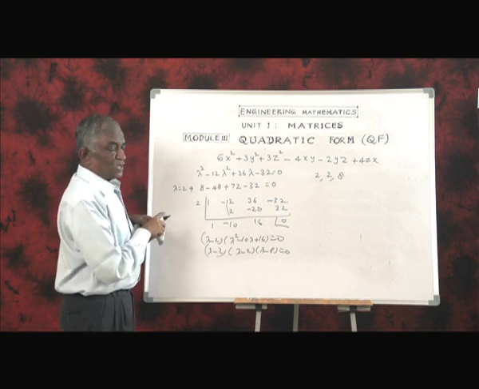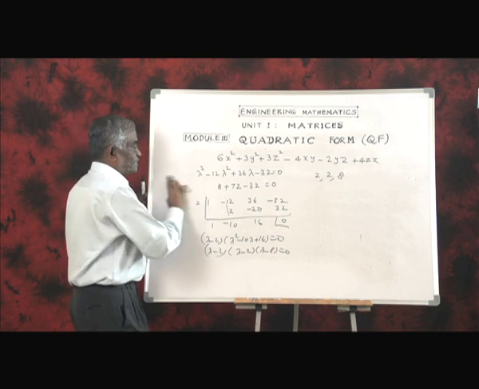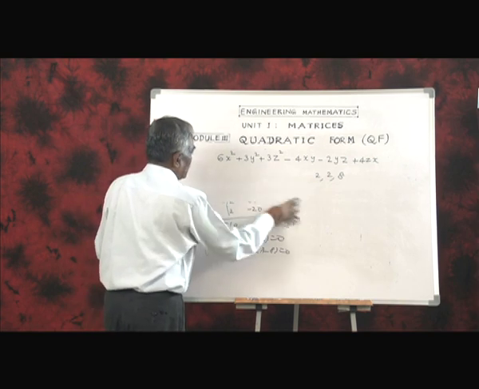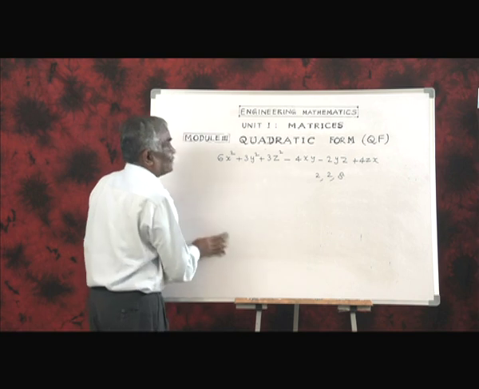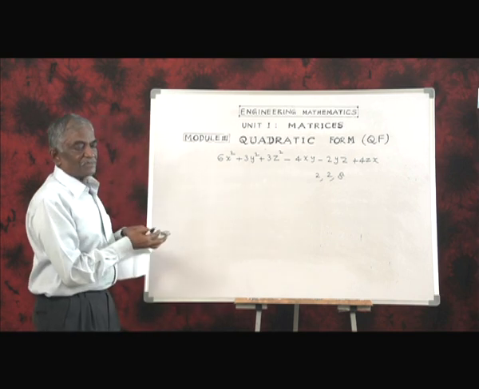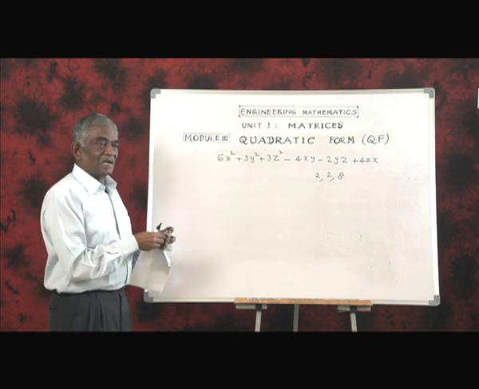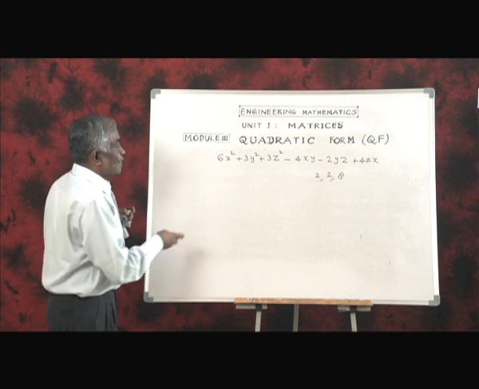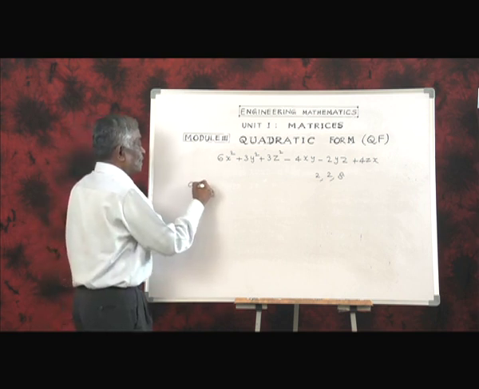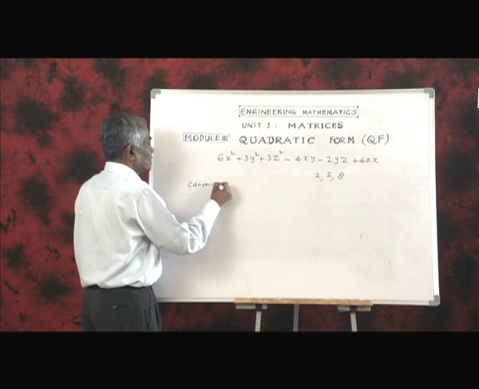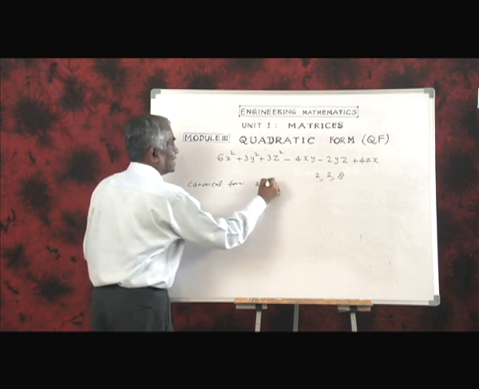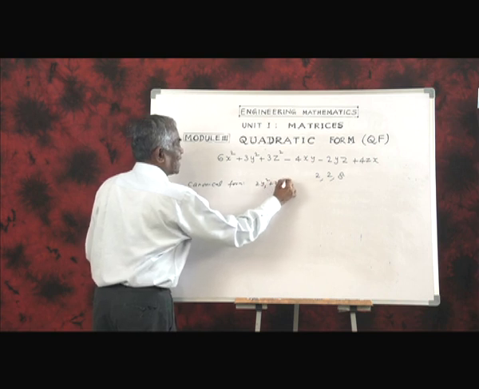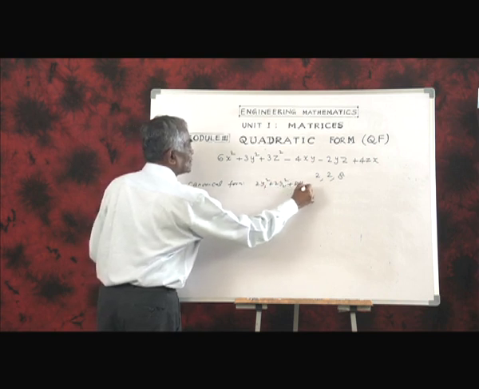To reduce to the canonical form, we had to find the matrix of the quadratic form and find the eigenvalues. Now here itself we can tell many things about the nature of the quadratic form, index, rank. What is the canonical form? Canonical form is 2y1 square plus 2y2 square plus 8y3 square.